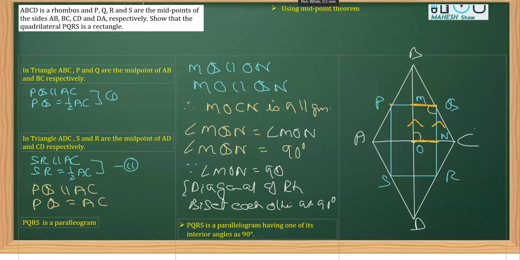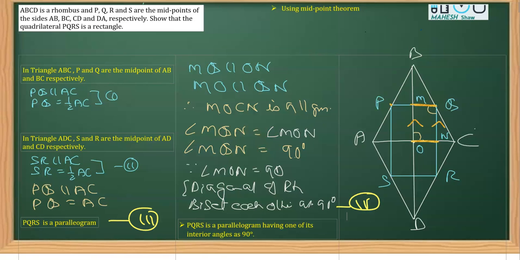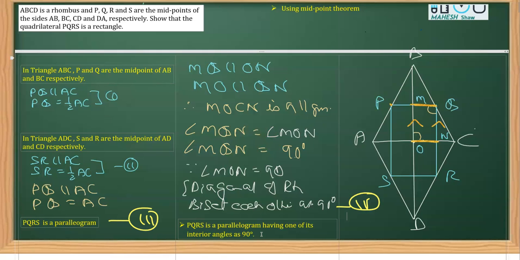Now look into this. We have proved this a parallelogram. I'm marking this equation as, say, 3, and over here we proved one angle as 90 degrees. So what you can say is that a parallelogram having one of its adjacent angles as 90 degrees is a rhombus.